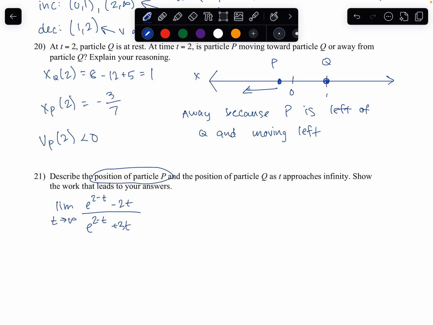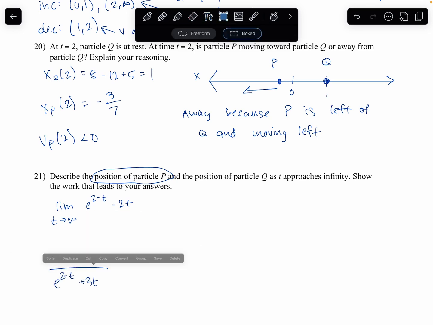If I apply t approaches infinity, I can see that it's negative here. If I plug in infinity, this is going to approach 0, because it's going to be like 1 over infinity. So this is going to be 0, but this will be infinity. Oh man, I should be setting a good example.